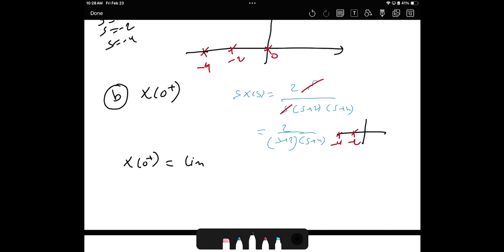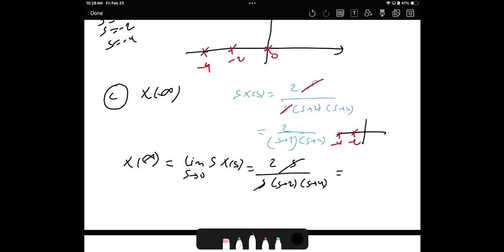Let's see. The limit when s goes to 0 of s X of s, which is 2s over s plus 2, s plus 4, where s and s cancel each other.